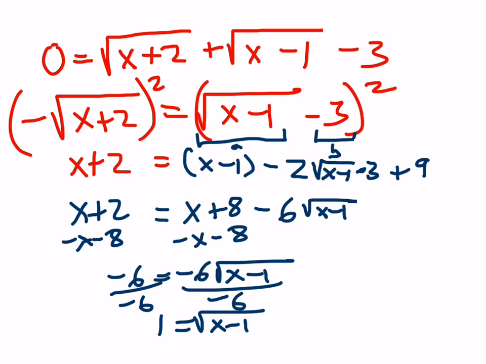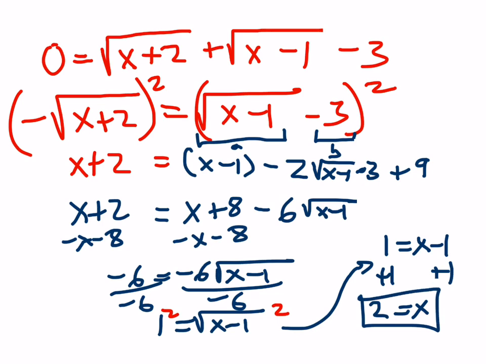And that's nice because now we just need to square both sides. Square this side, square that side, and 1 squared gives us 1. And so we end up with 1 equals x minus 1. Then we're going to add 1 to both sides, and x is 2.